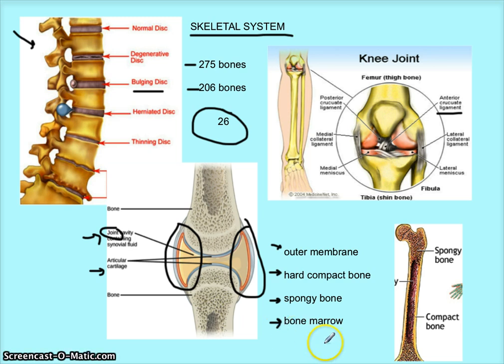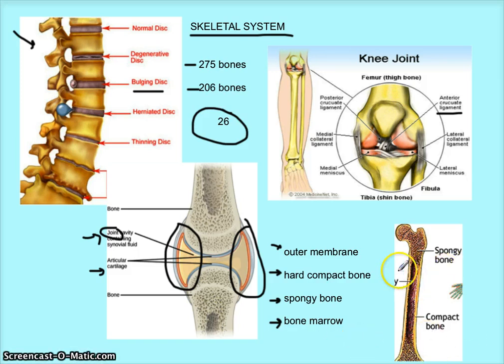Now the bone marrow can be red bone marrow, and that's the kind that produces most of the body's blood cells, or it could be yellow bone marrow, which stores fat. Now when you're a child, most of your bones contain red bone marrow, but by your teenage years, it's just at the end of your femurs, in your skull, hips, and sternum, which is your breastbone.